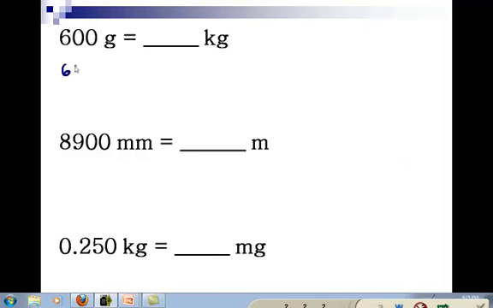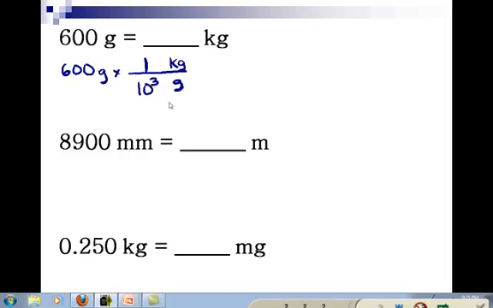Okay, and let's look over here. We have 600 grams, and we're going to multiply it by kilograms, that's what I'm looking for, over grams. Okay, and what is larger, kilo or gram? Kilo is larger. How many spaces are between kilo and gram? There are 3.